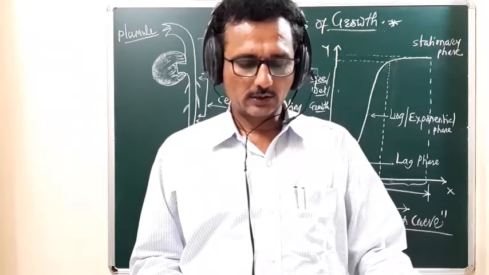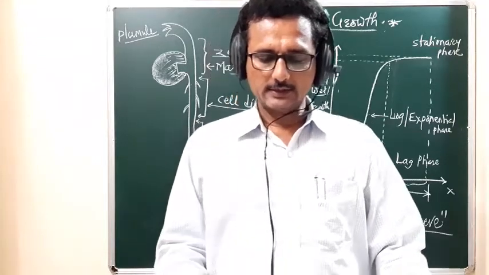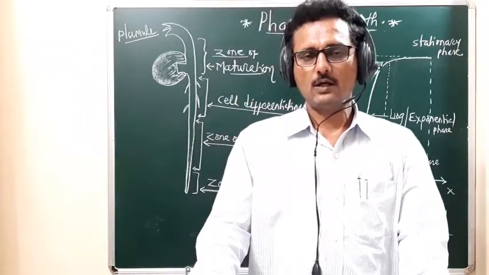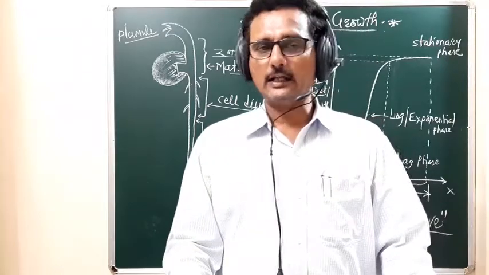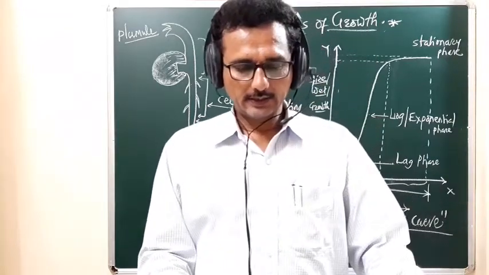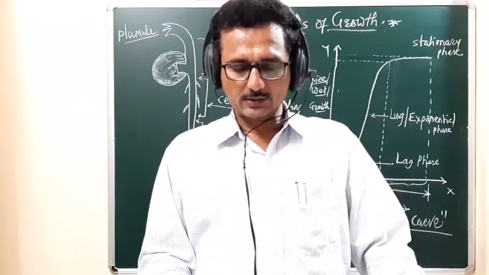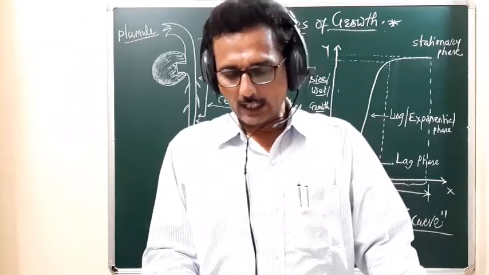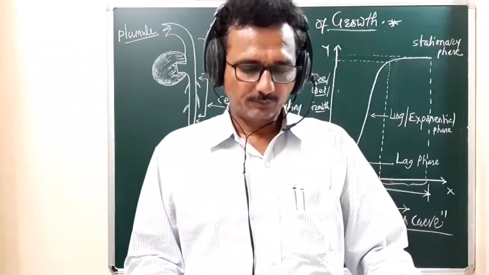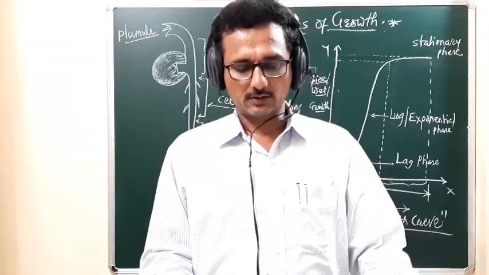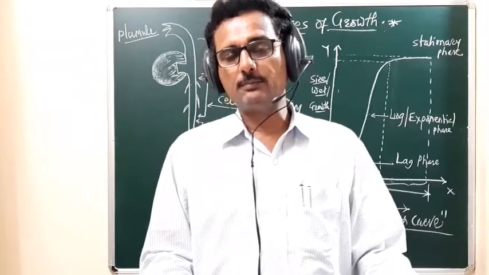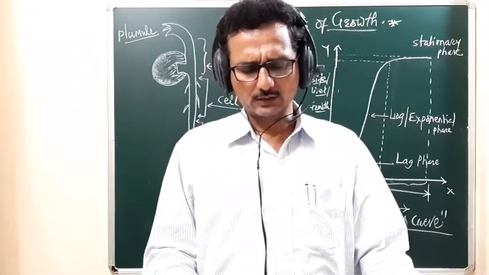See the next question, question number 16. Plant growth in length is increased by: first option apical meristem, second option lateral meristem, third option dermatogen, and fourth option periblem.